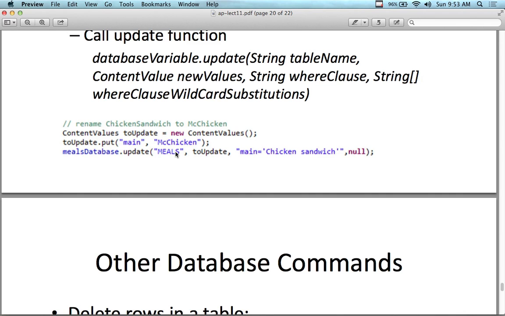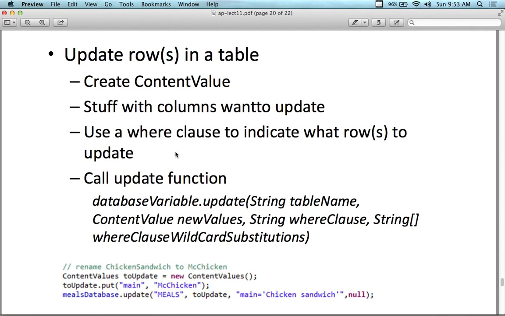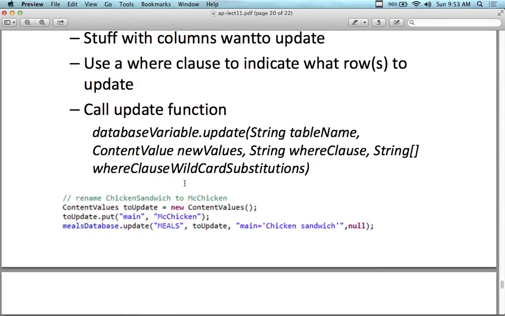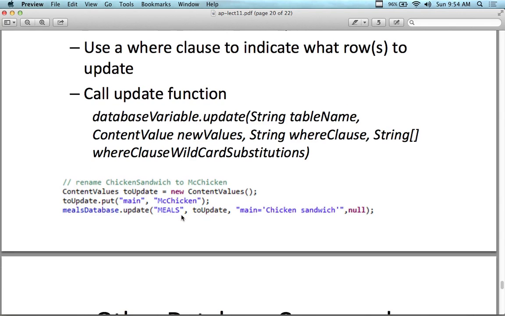But actually, let me rephrase that. Not the same order, it's different. On an update, we don't normally do a where clause. Actually, we do a where clause, but we may not necessarily have all of the other ones. Update this field, update that field in the beginning of the query. So here's kind of a scenario, very similar to the insert actually, where we have the content values to update equal to new content values, and then to update.put main McChicken.